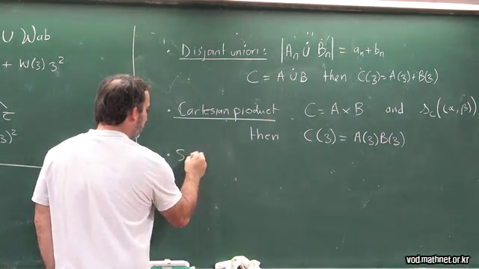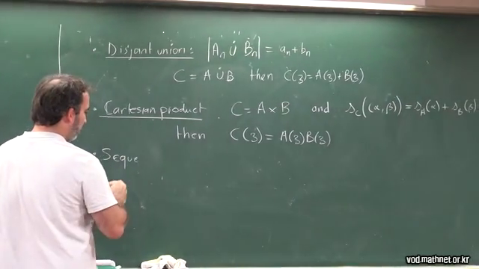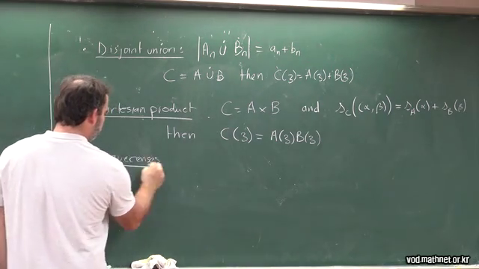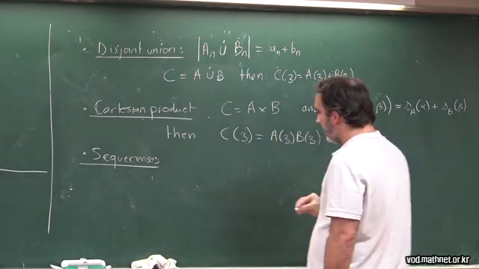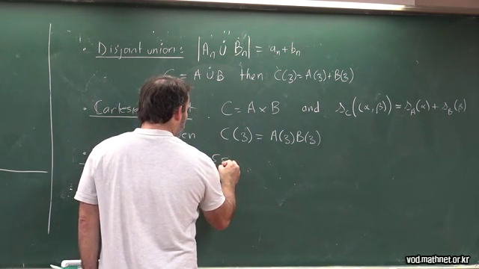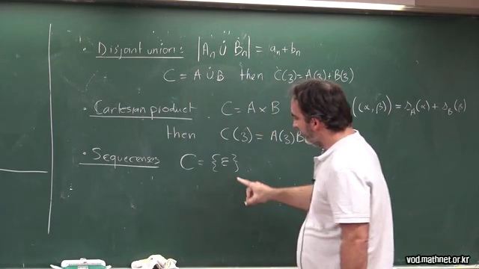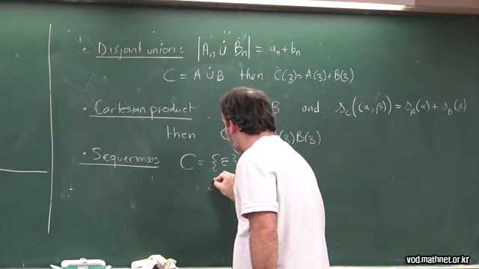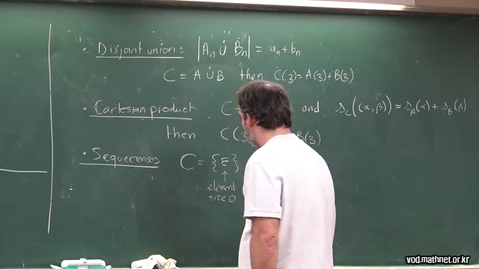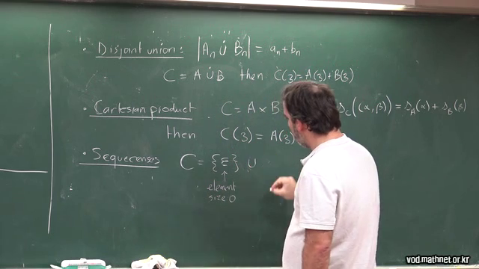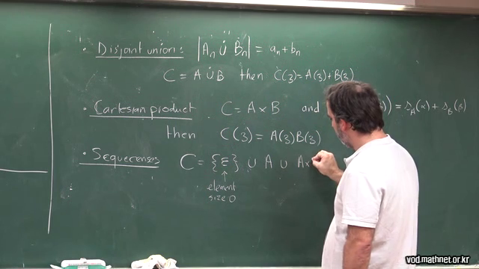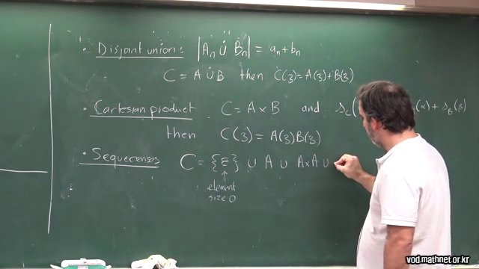Another operation that is really useful is sequences. So I define C as either the empty sequence, an element of size 0, a formal one, or an element of A, or a pair of elements of A, and so on.